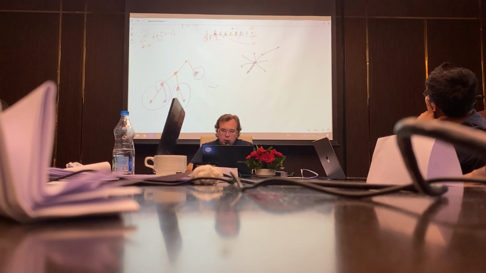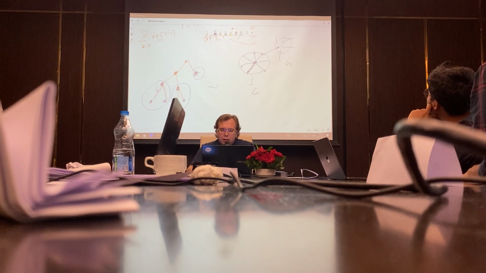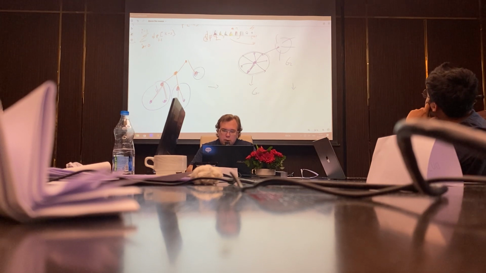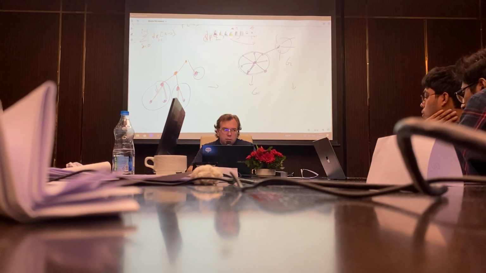For example, here you can add all this into one graph, G1, and all other vertices, for example here, will be G2. And when you add vertices, the mean can only be lower. So there should be this kind of star that has at least this mean.